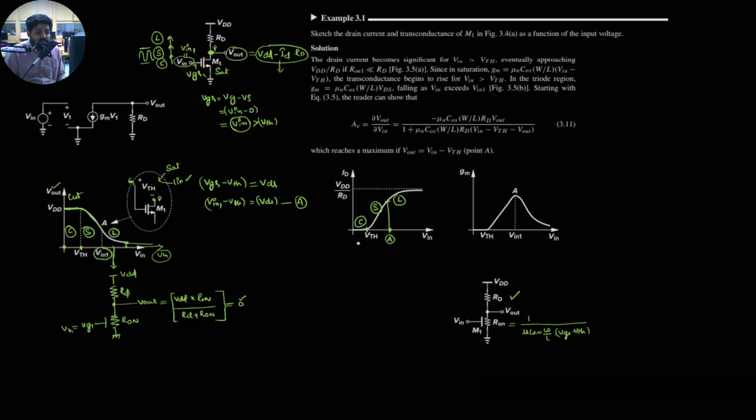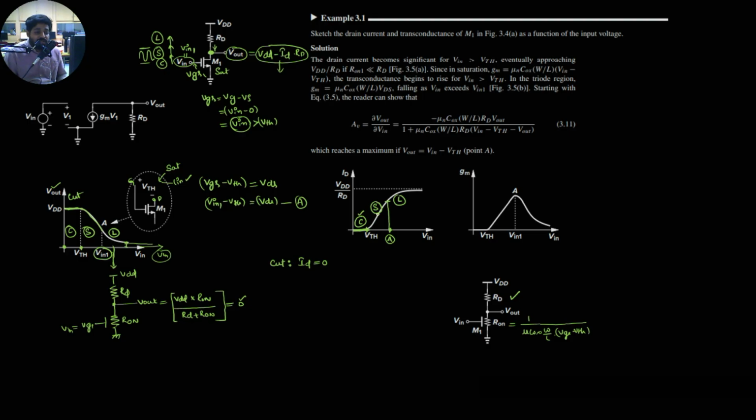So the different equations: as we know the current ID will be 0 in the cutoff. So in the cutoff ID equal to 0. That is how you will be getting the curve ID equal to 0 at this level up to VTH.